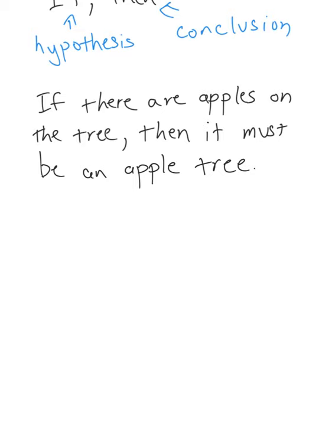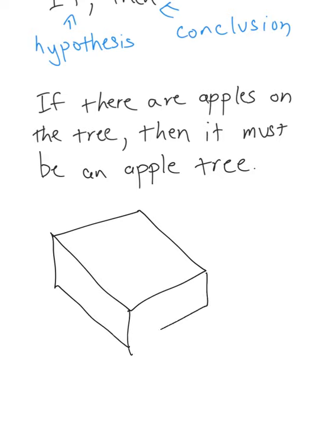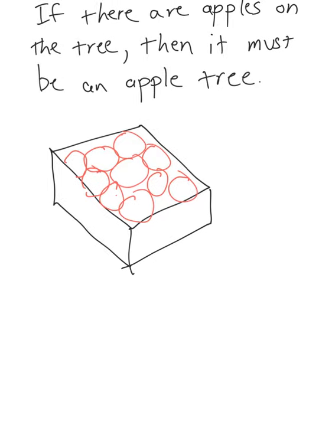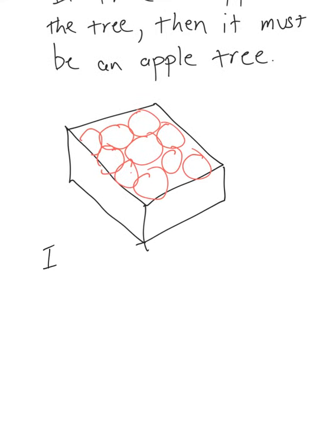So, for example, going back to the apples, if I just said, hey, I saw a bunch of apples in a box, like I just saw them in the box in the grocery store, just happened to be standing there, right? So if my logic was if apples, then apple tree.